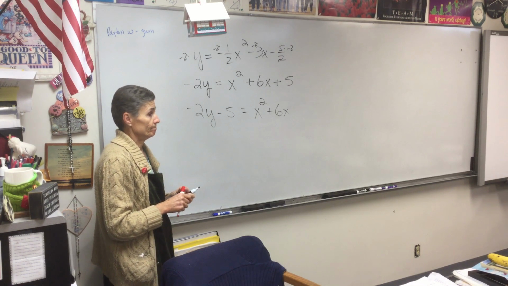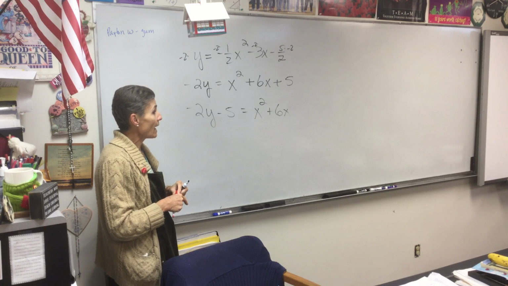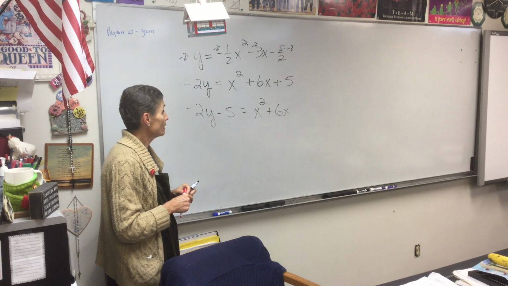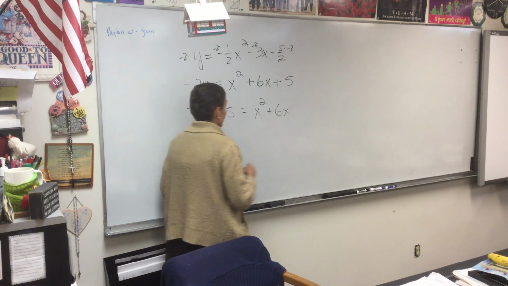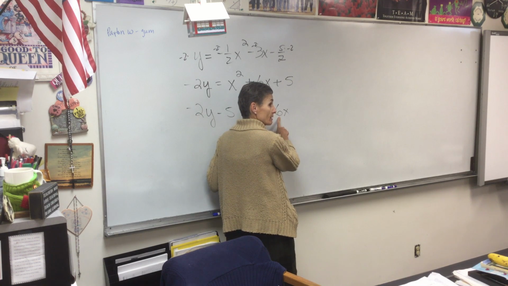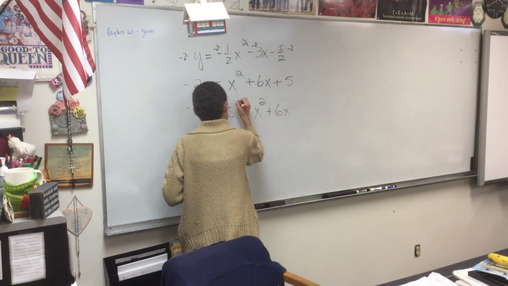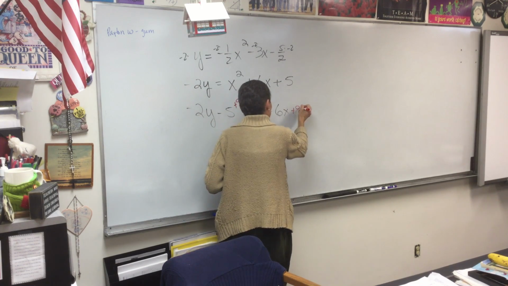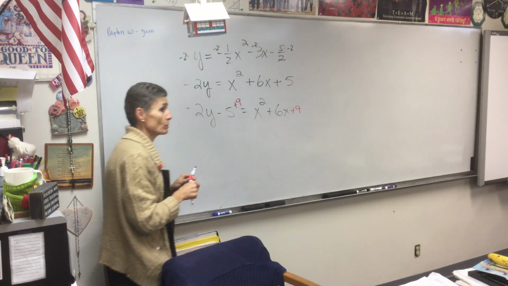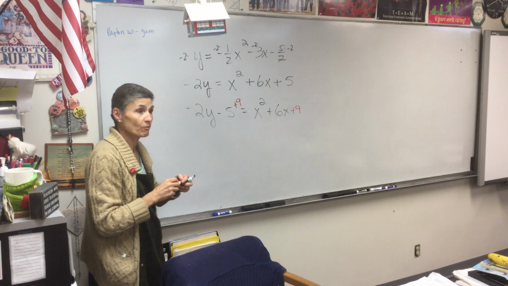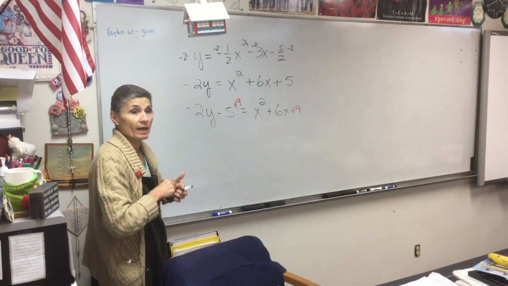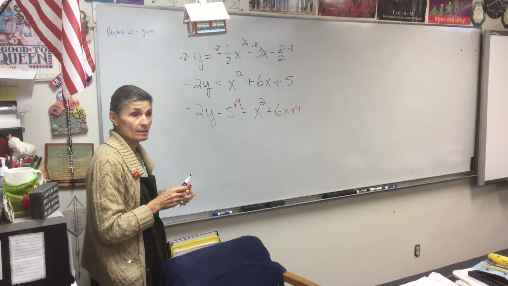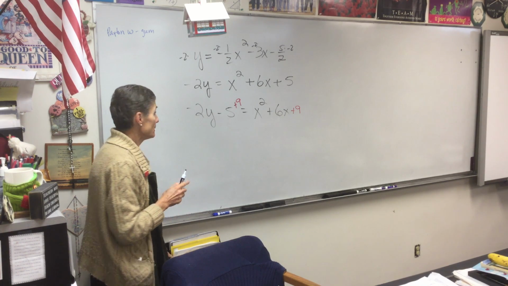So now what? We're ready to add something to both sides. What shall we add? Well, we'll take half of 6, which is 3, and we'll square it. So we're going to add 9 to both sides. Now one more time, where did that 9 come from? We took half of 6 and squared it.